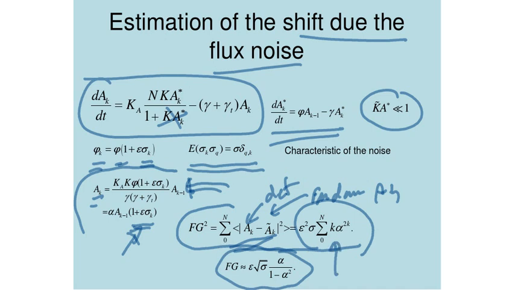You sum this expression, and this tells us how the noise depends on the parameter epsilon, which is the amplitude of the noise. Sigma is also this noise, delta correlated, coming from here, and alpha gives you the information about the deterministic decay of the field.